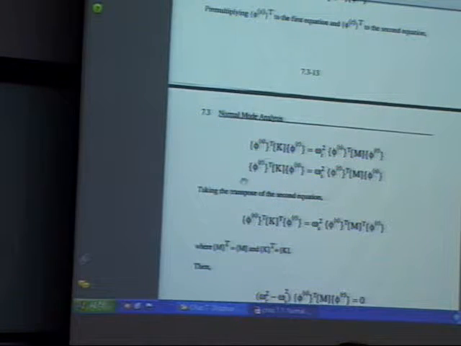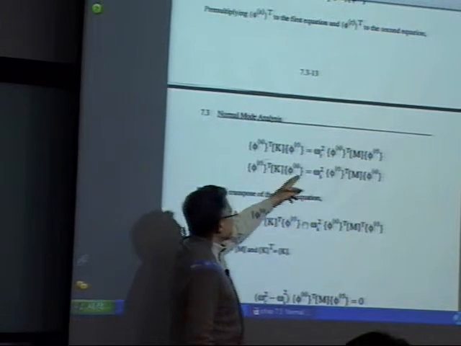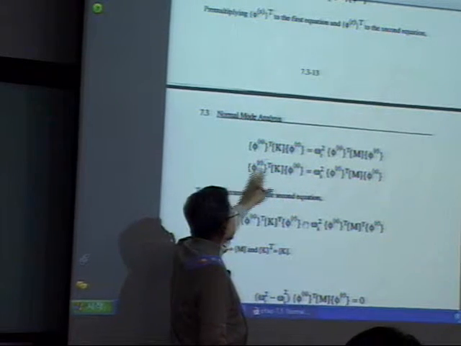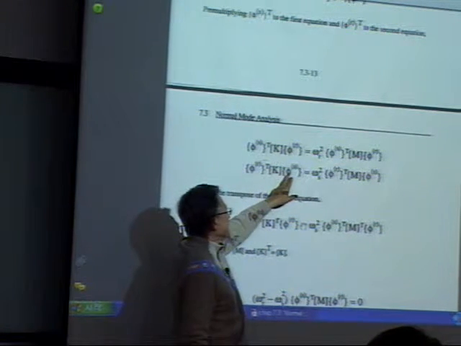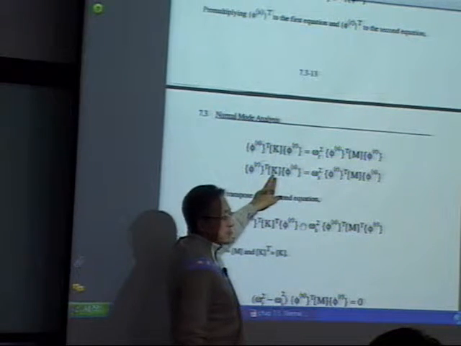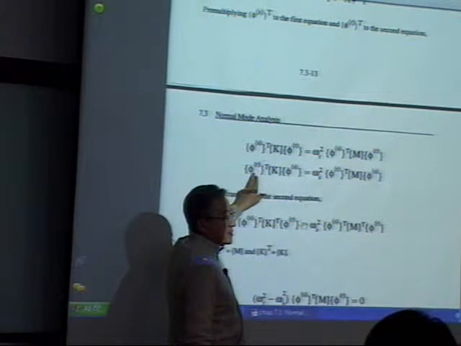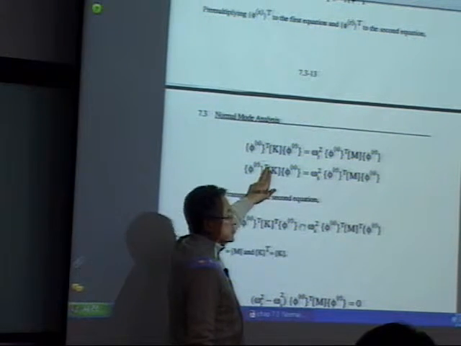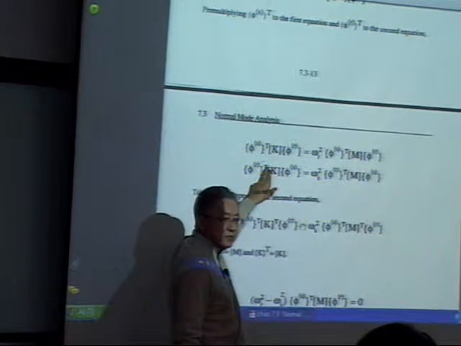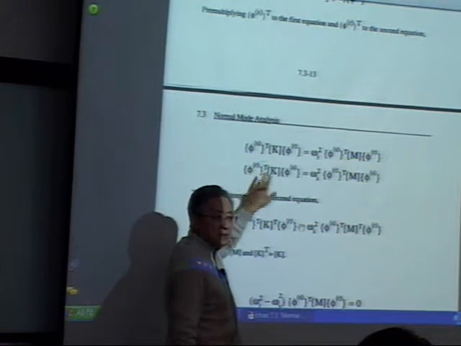You will end up having phi S transpose multiplied by K transpose multiplied by phi R transpose of transpose, which means back to phi R, right?